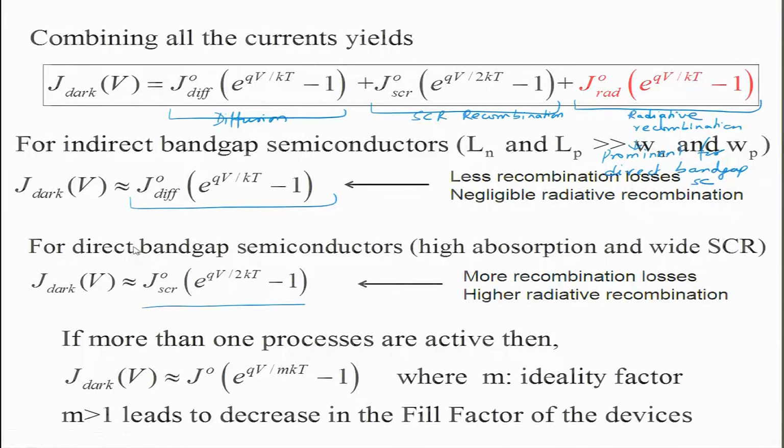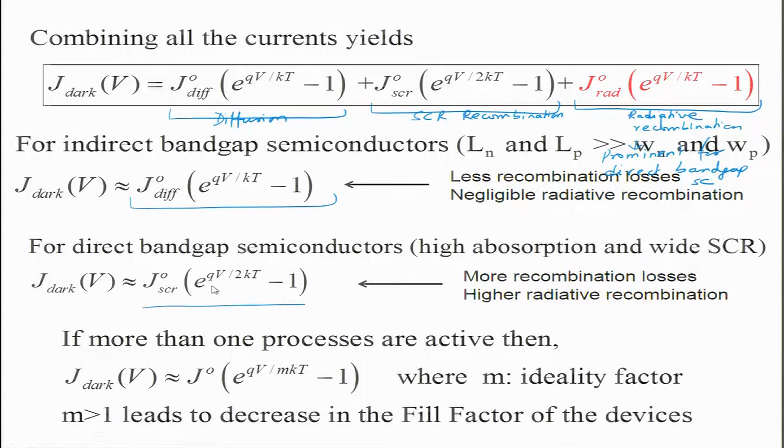However, direct bandgap semiconductors have high absorption and a wide space charge region, as a result of which the carriers do recombine. So, there are more recombination losses and high radiative recombination in these semiconductors, and this gives rise to a dependence of qV by 2kT, which is observed.